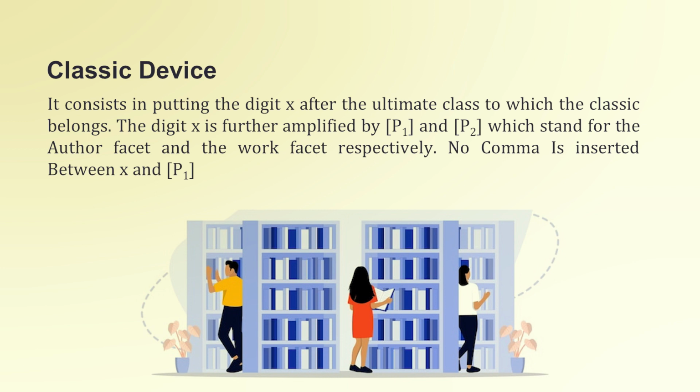This digit is further amplified by P1 and P2 facets, which stand for the author facet and the work facet respectively. No comma is inserted between the classic device notation, that is small x, and the first level of first round personality facet, that is P1.